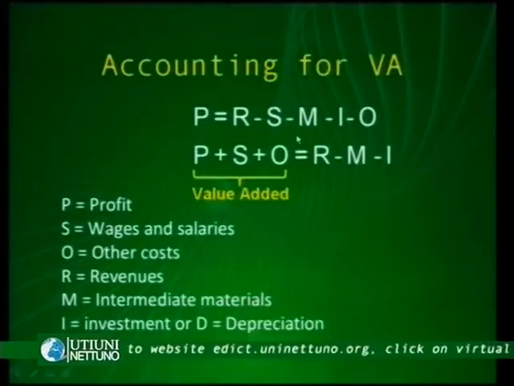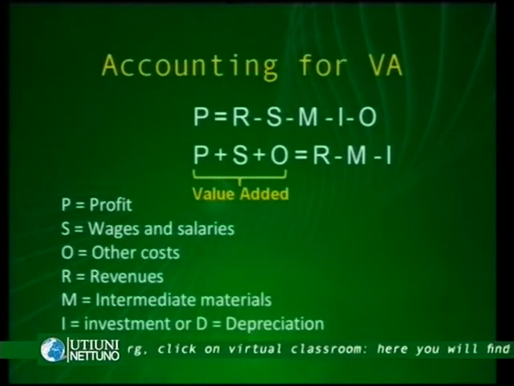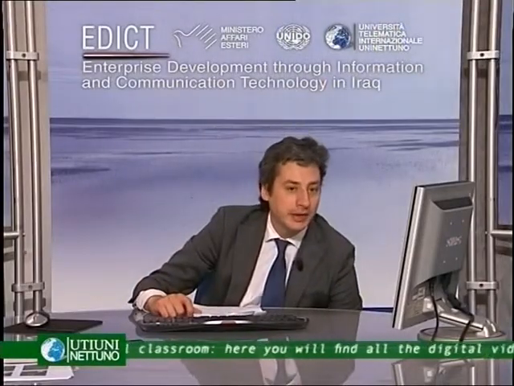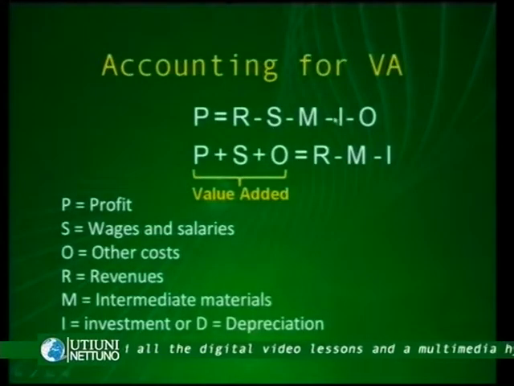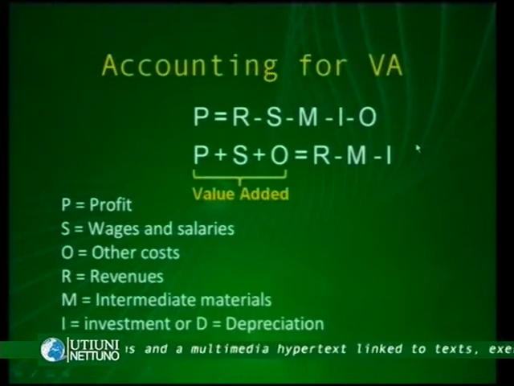So this is the profit equation. This is the equation that tells us what will be the profit for the shareholders of the project. But we can simply reaggregate this equation from an algebraic point of view by bringing the S, so the wages and salaries, and the other costs that are a measure of social surplus, as we were discussing before, on the left side of this equation.